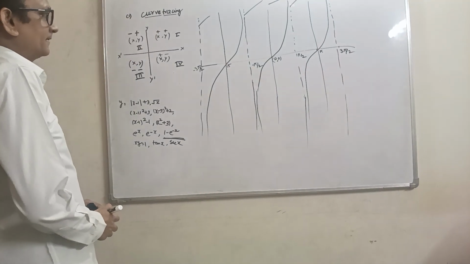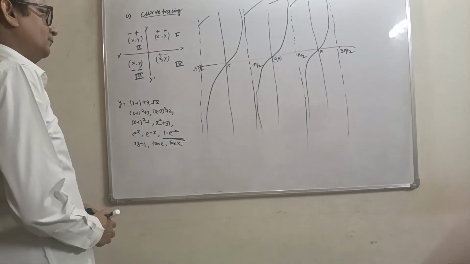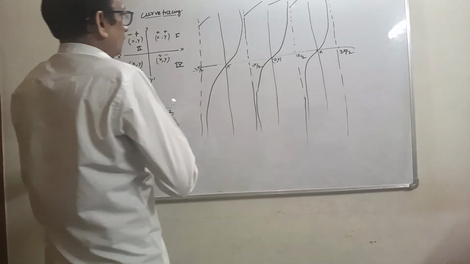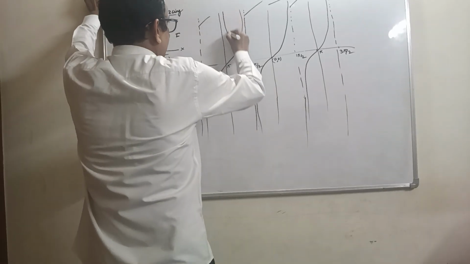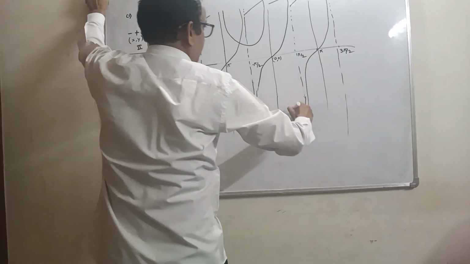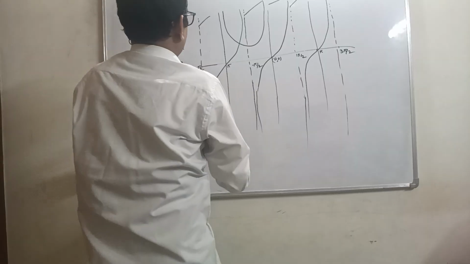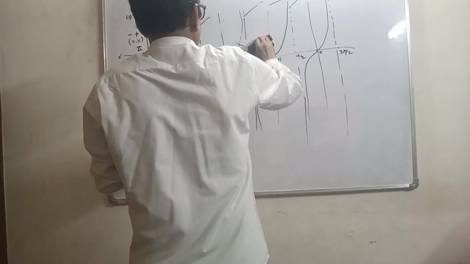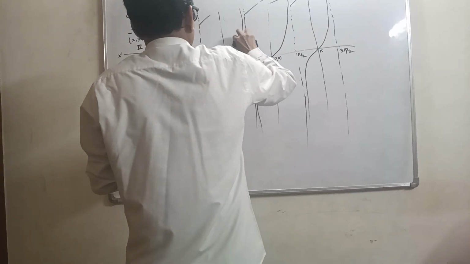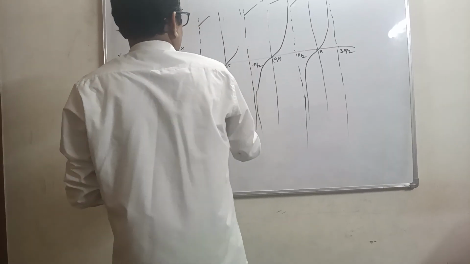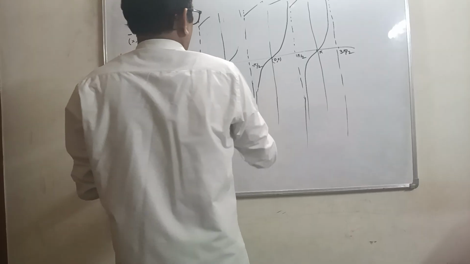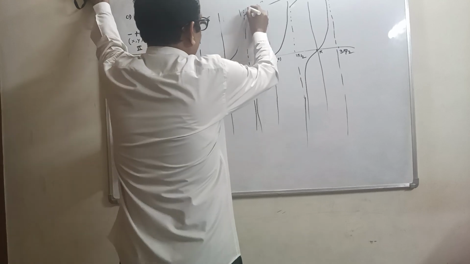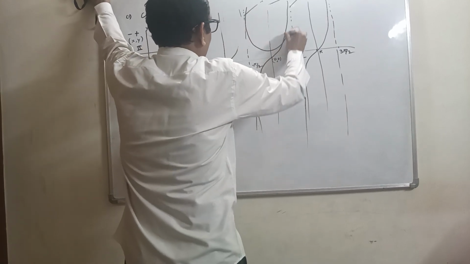For the cos x curve, this would be for the cos curve. This is the tan curve, and for the cos curve, it would be like this, from minus pi by 2 to pi by 2.